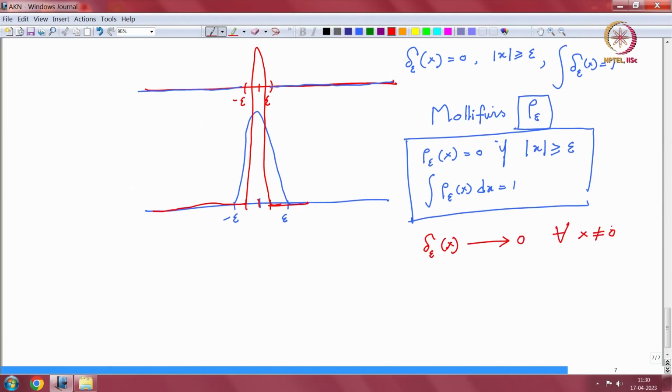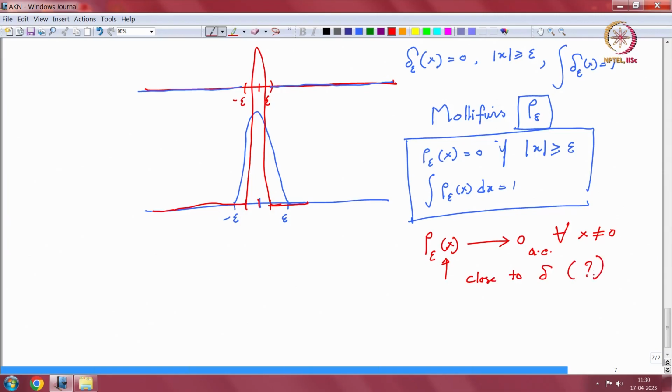So, let me now use the word rho epsilon: rho epsilon of x goes to 0 almost everywhere, except at one point. So this looks close to the delta that we want.